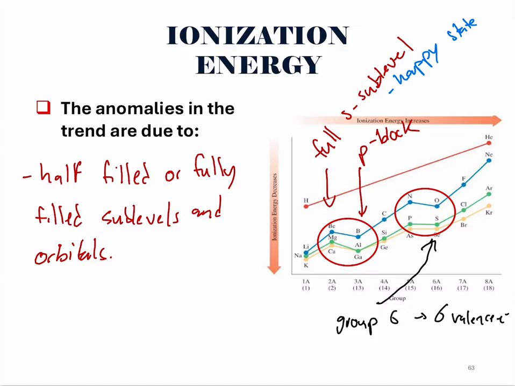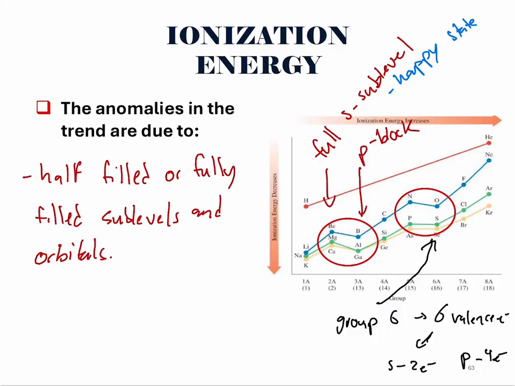So if they have 6 valence electrons, they have 2 in the S sublevel, and then they have 4 in the P sublevel. So write this, P, 4 electrons.